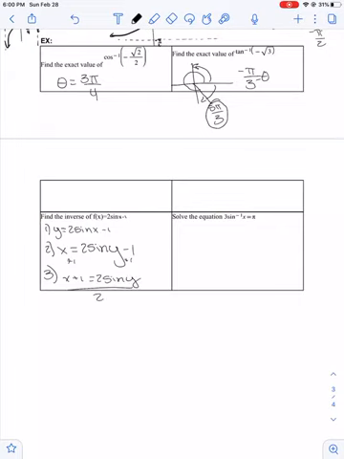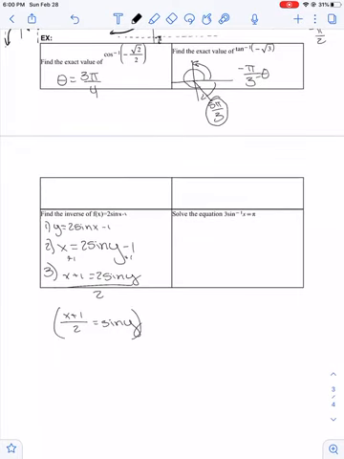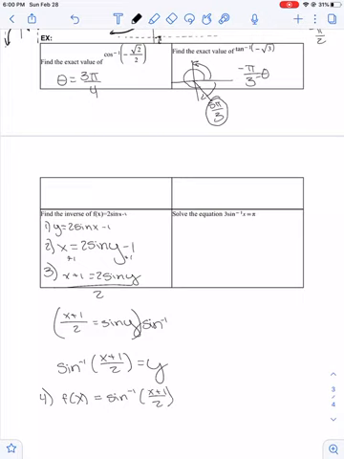I'm going to divide by 2. So (x plus 1) divided by 2 equals sine y. And I need y alone. So what can I apply to sine to get y alone? And that's sine inverse. Sine inverse and sine cancel each other. So sine inverse of (x plus 1) divided by 2 equals y. And last step, switch y back to f of x. So f of x equals sine inverse of (x plus 1) divided by 2.